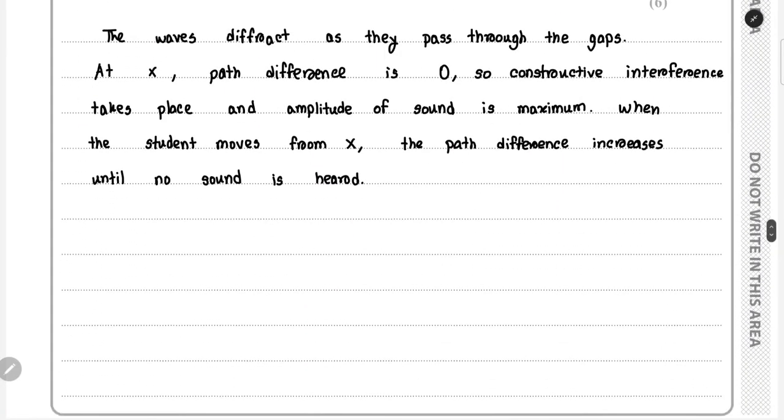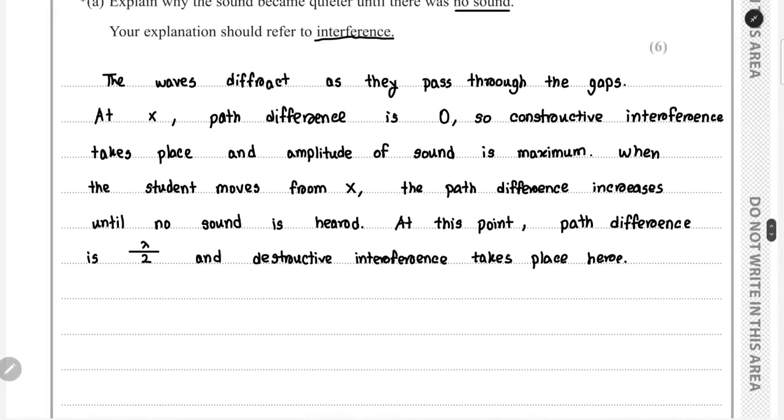So it increases until no sound is heard, and at the point where no sound is heard, the path difference is lambda by 2 and destructive interference occurs there. And this is how we answer it.